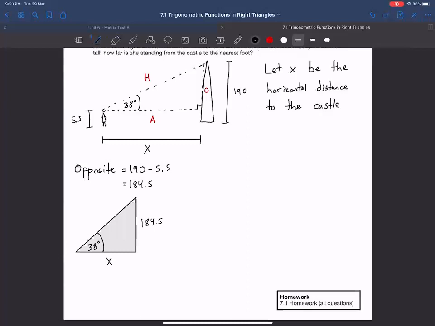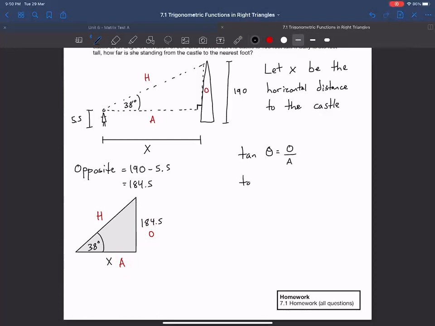And because we do not have my hypotenuse, but we have my opposite and we have my adjacent, I'm looking for the trig ratio that involves my opposite and my adjacent, and that's going to end up being my tangent. So we can say that tangent of theta is opposite over adjacent.